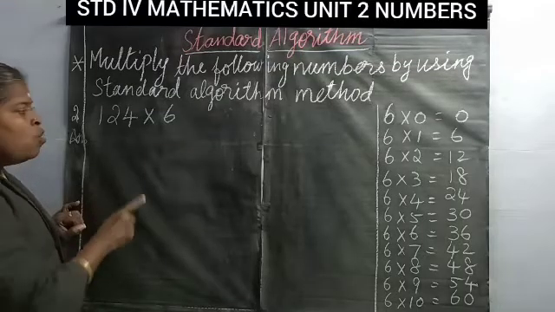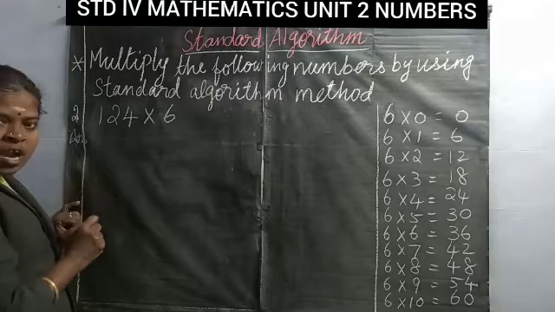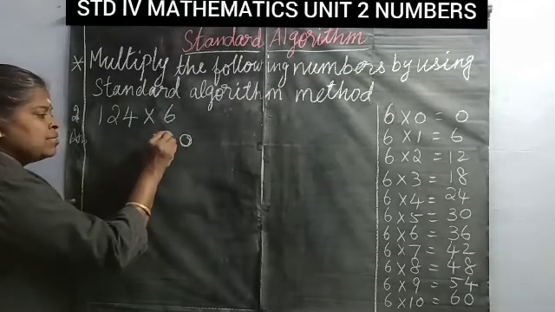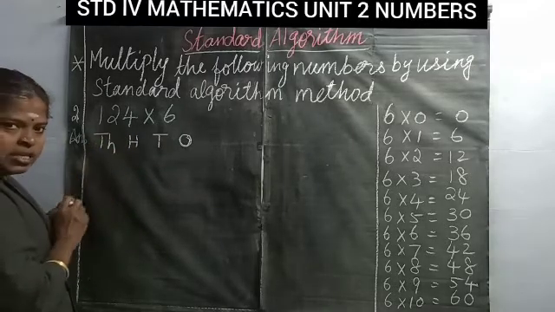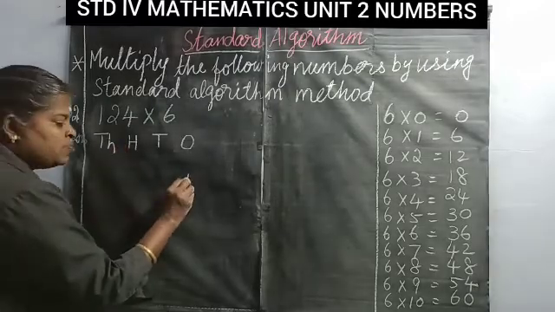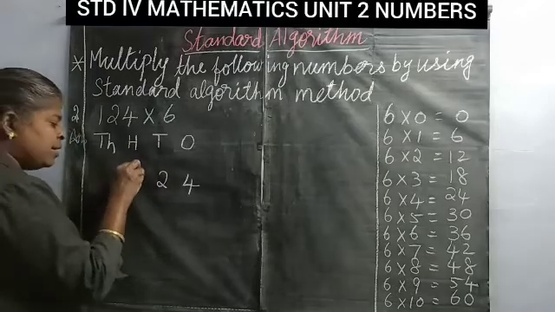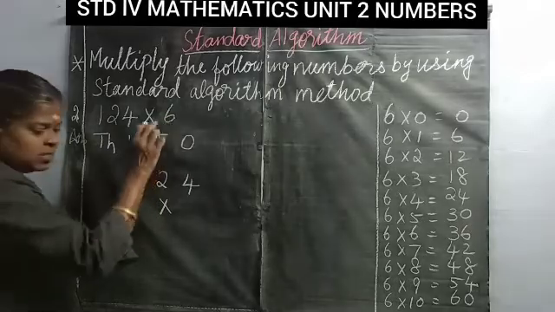Next question, 124 into 6. First what we have to write? We have to write ones, tens, hundreds, thousands. After that leave one finger gap. 4 in ones place, 2 in tens place, 1 in hundreds place, into 6.